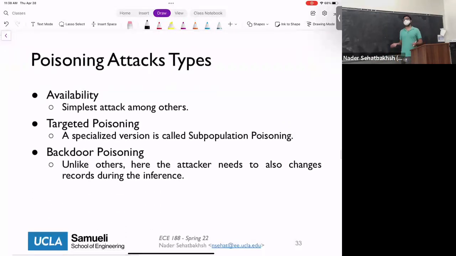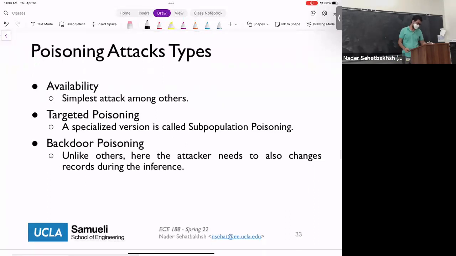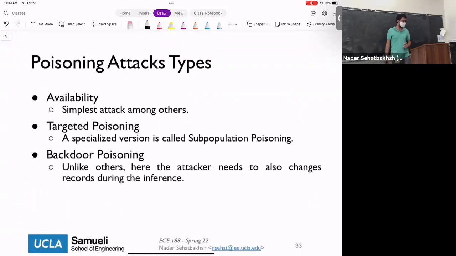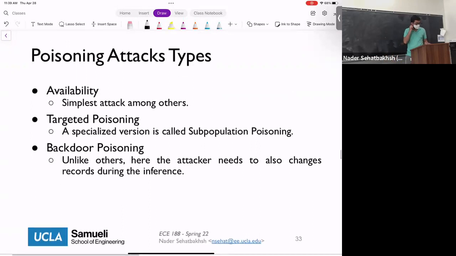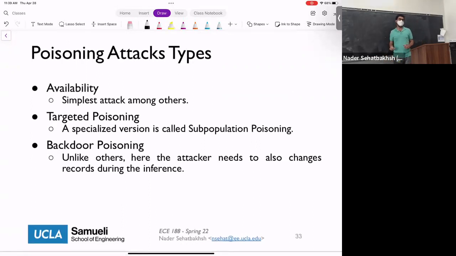So there are lots of challenges, of course, with poisoning attacks. Let's talk about the types and then talk about the challenges. The first thing that the attacker can do is target the availability of your system, right? All it does is add some samples and make sure that your system makes a wrong decision.